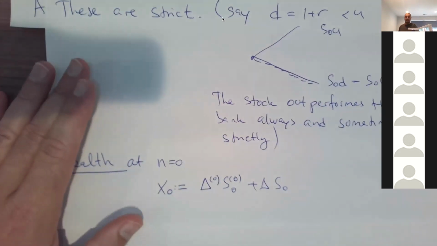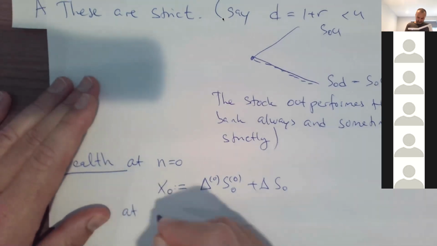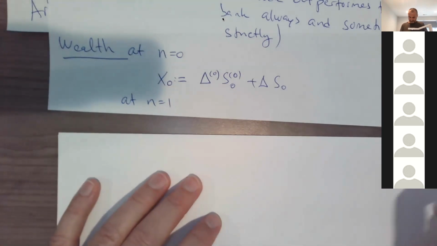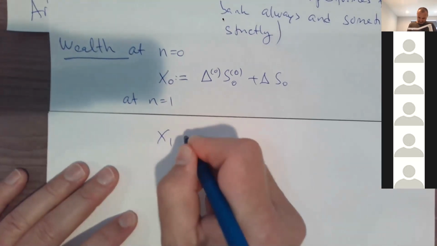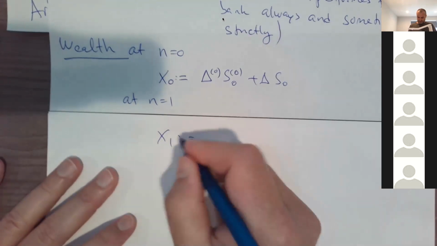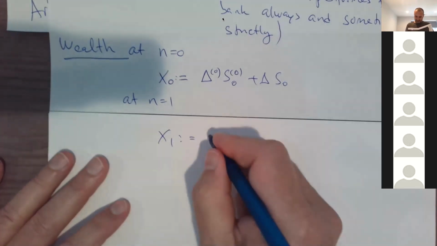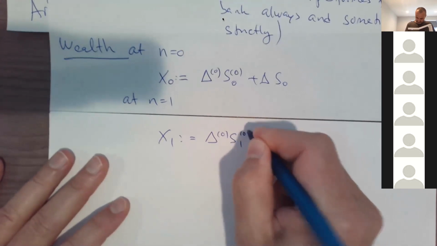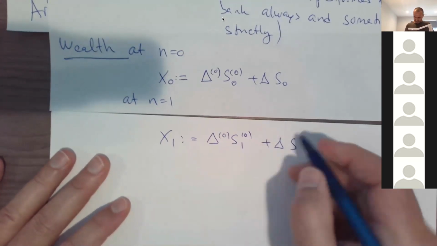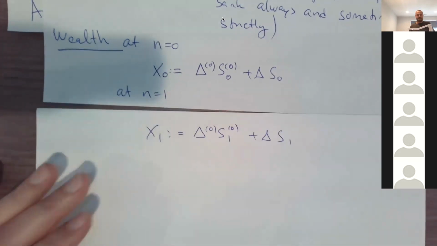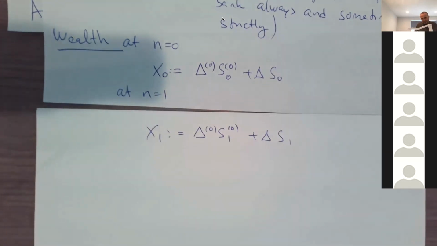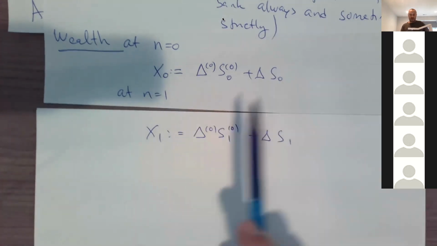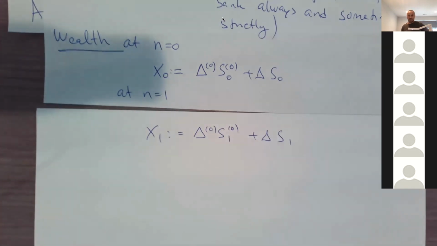That's my wealth at time 0. At time 1, X1 is going to be, well, what will we have? We'll have delta 0 times S1 plus delta. So this is the initial value of the replicating portfolio, say, and this is the terminal value of the replicating portfolio, say.